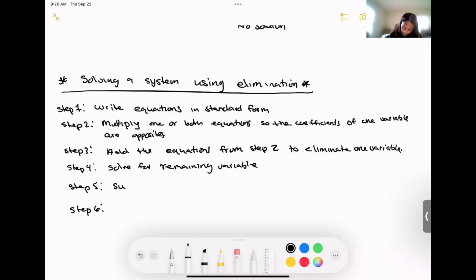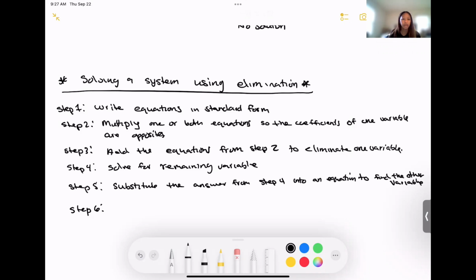So substitute the answer from step 4 into an equation to find the other variable. And then step 6 is just write your solution as an ordered pair.